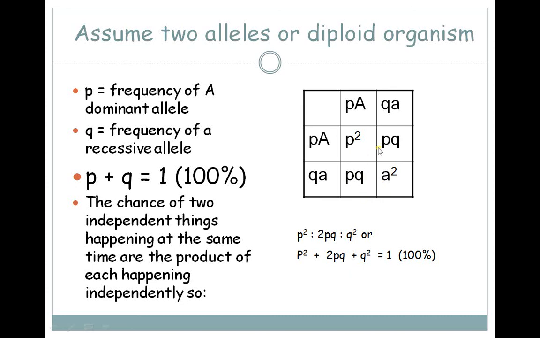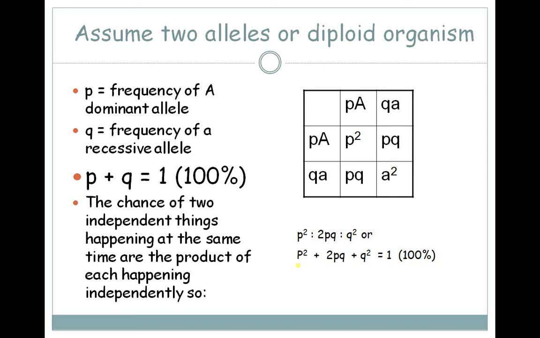Now, since these two are the exact same, I can put them together. And if I look at this, then p squared, the frequency of both dominant traits, plus 2pq, the frequency of the recessive trait times the frequency of the dominant trait, and since I have two possible ways of getting that, that's multiplied by 2, plus the frequency of the recessive trait squared, q squared.